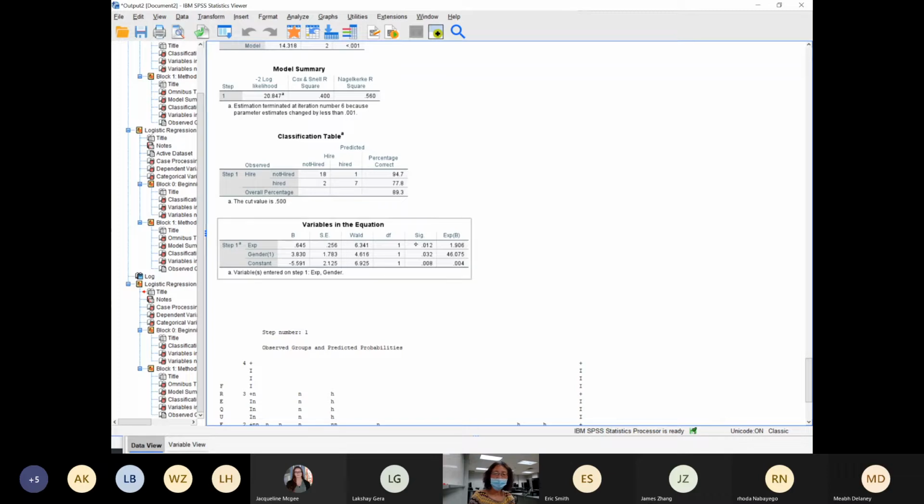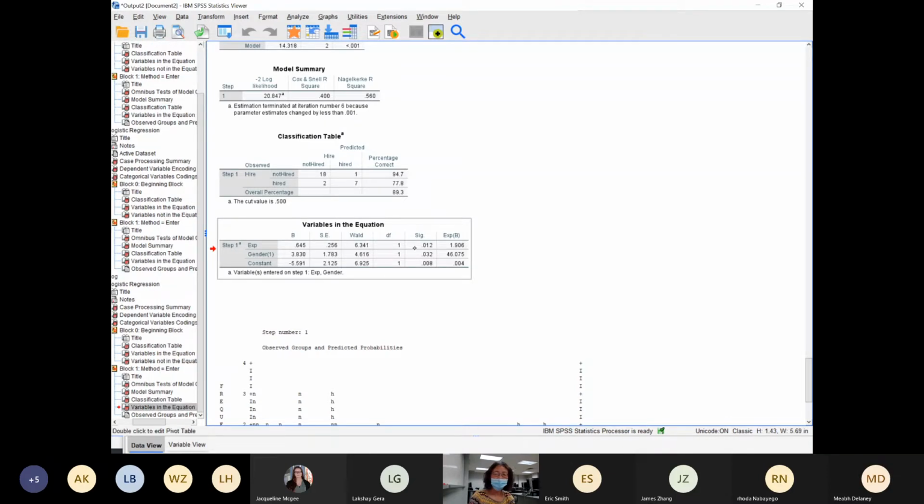So it looks like those two variables, experience and gender, are still significant. And the model explains 40 to 56% because we lose one variable. So you can maybe make predictions based on this result.